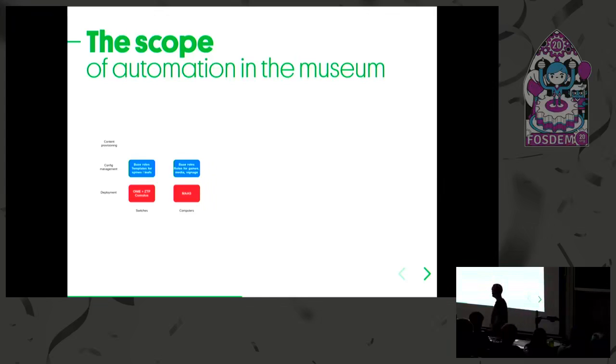But we also do content provisioning. Well, not on the switches, but on the computers. We selected Nextcloud, so we would have a place for our content providers, software providers, to put the content on, and then with a small script, we have idempotent content updates on the computers.